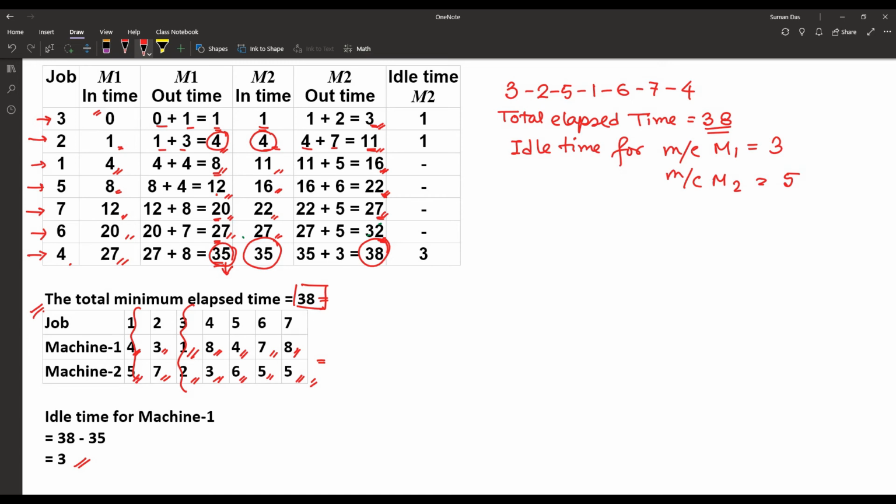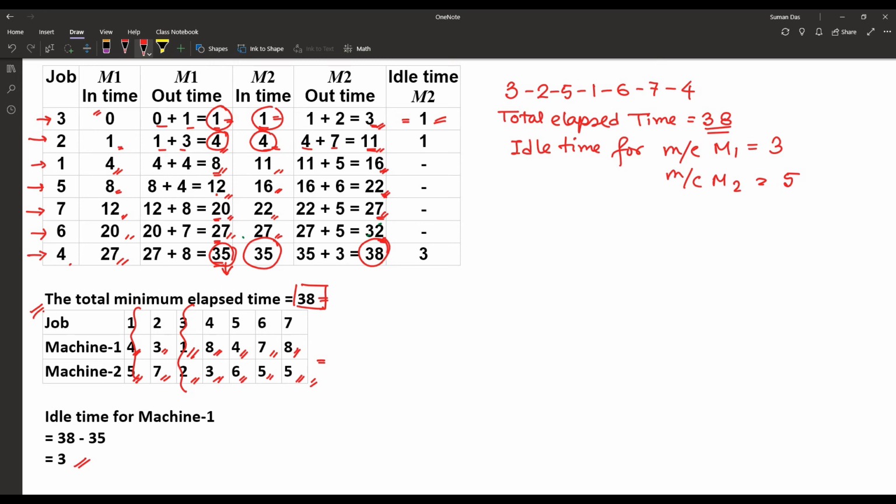Now in the job sequence, at job 3 machine M2 has to wait. M1 has out time 1 and M2 has to start from 1, so it has 1 unit of time waiting. So the first idle time for machine M2 is 1.